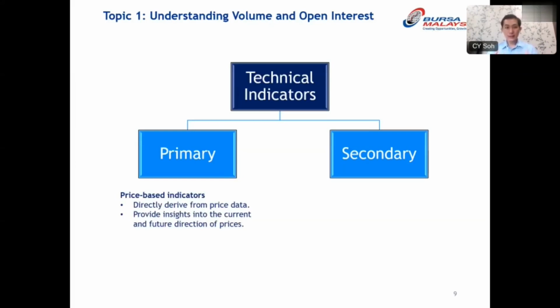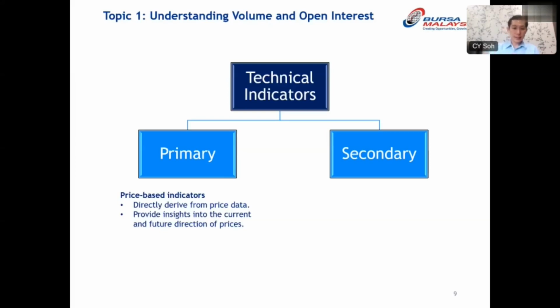They provide insights into the current and future direction of prices. They are used to identify trends, reversals, and even potential entry or exit points in the market. Examples of primary indicators include trend lines, support and resistance lines, moving averages, MACD, and RSI. All of these indicators use price as a calculation. So these are primary indicators.